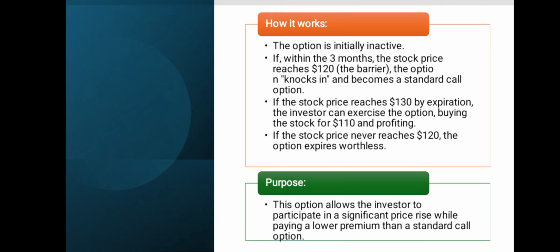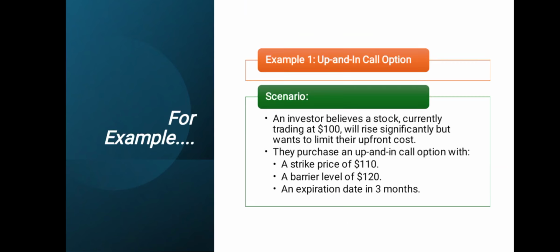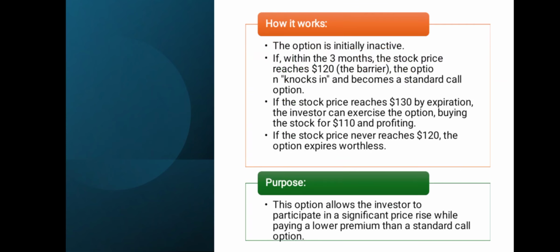Let us look at how it works. The option is initially inactive while the stock is at 100 rupees. If within 3 months the stock price reaches 120, the barrier we have set, the option knocks in. That means the option becomes active and becomes a standard call option.